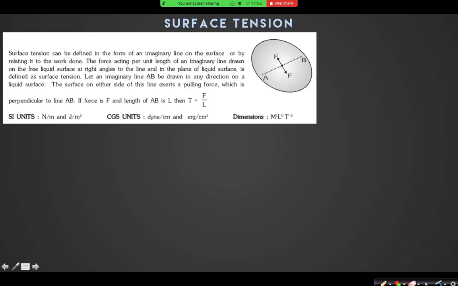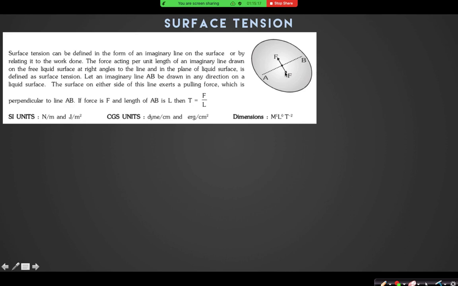How do we mathematically define surface tension? Very simple. Suppose this is a liquid free surface, and how do I find surface tension? You take any imaginary line. Surface tension force is always perpendicular to that imaginary line and in the plane of the liquid surface.